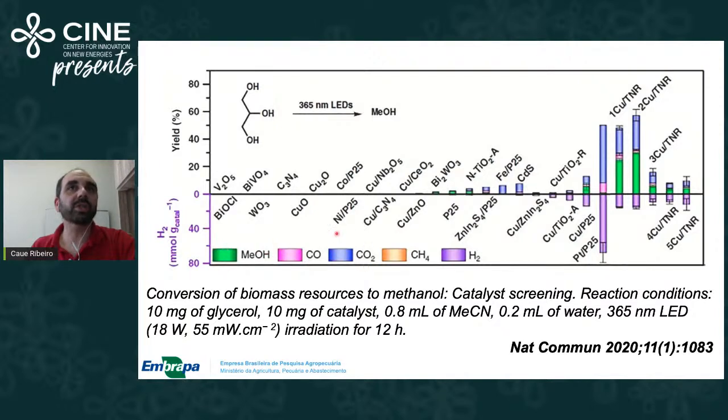If you have the total oxidation of glycerol, for instance, with the platinum-decorated P25 catalysts, what we can produce is a stream rich in hydrogen. And again, this might be a good strategy to reduce the necessary potential to produce hydrogen using solar light. Possibly, this is one of the most studied applications that we have for glycerol till the moment. And that production of hydrogen is a direct connection with the next topic.